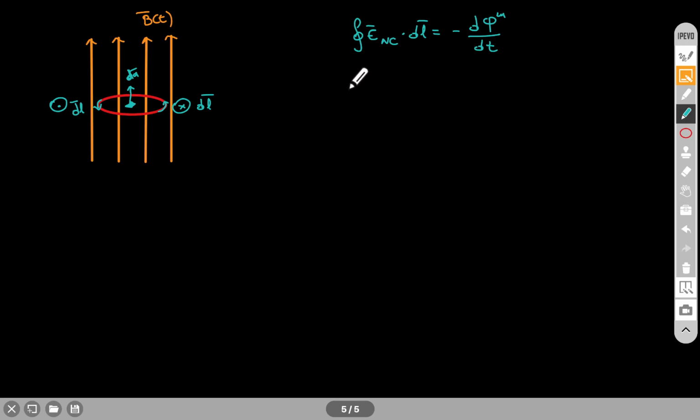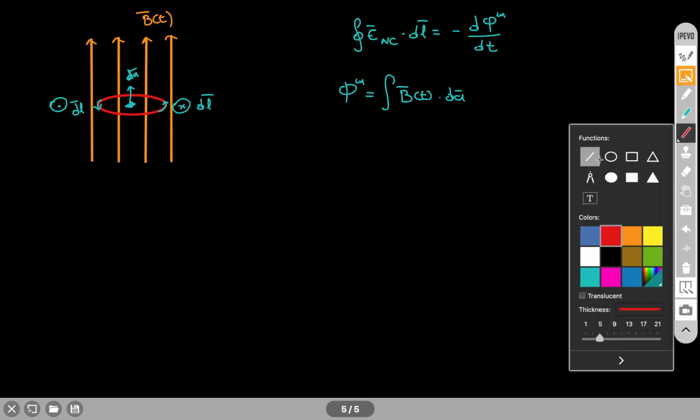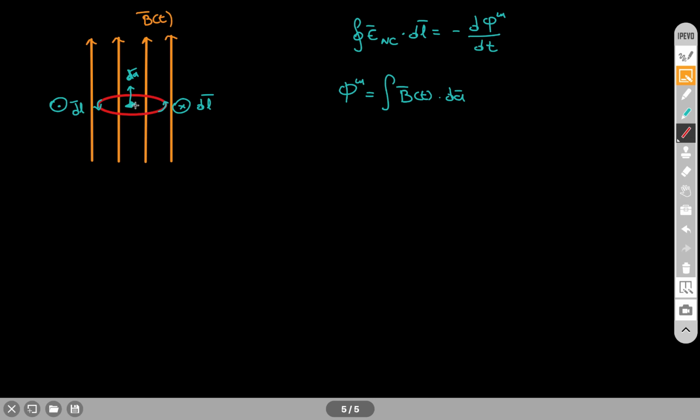Moving on, I can do this B that changes as a function of time, dot dA. Let's say that my loop has this radius. Let's call that S, the radius.